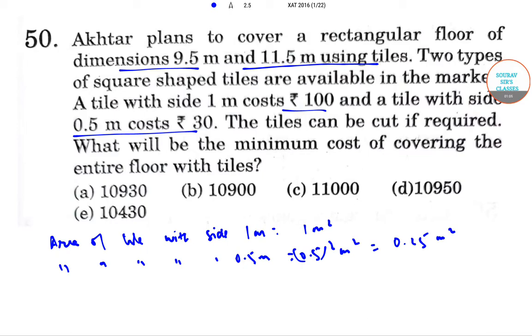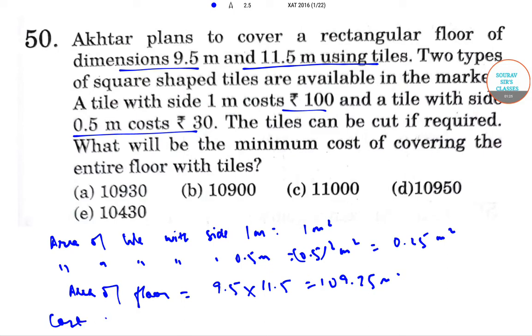Now, the area of floor is equal to 9.5 into 11.5, and this is 109.25 meter squared.